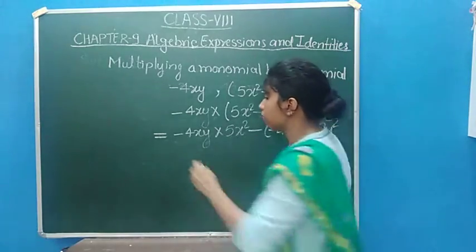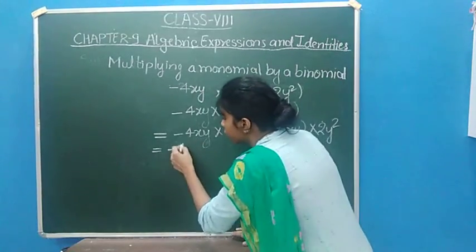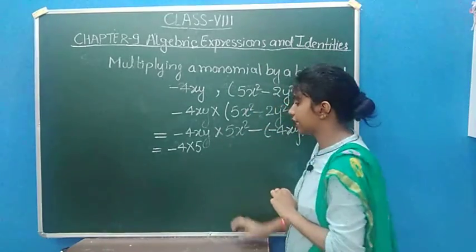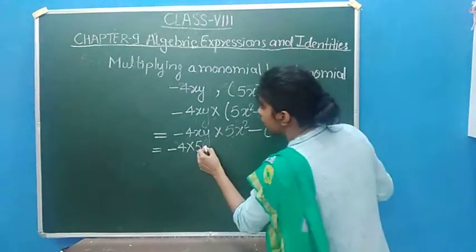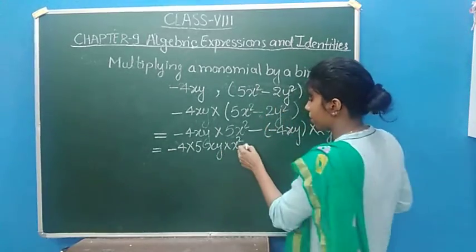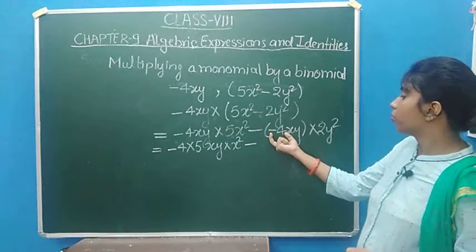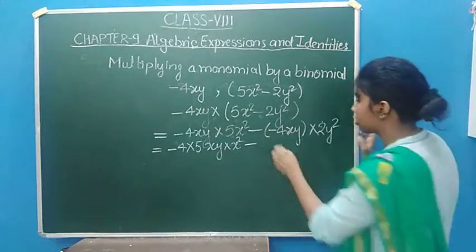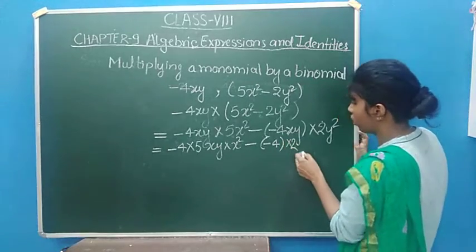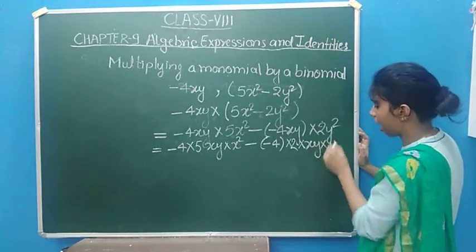Now we have to multiply the coefficients with each other, so minus 4 into 5, and the variables with each other, so xy into x square. Then minus, again the coefficients, minus 4 into 2, and the variables, xy into y square.